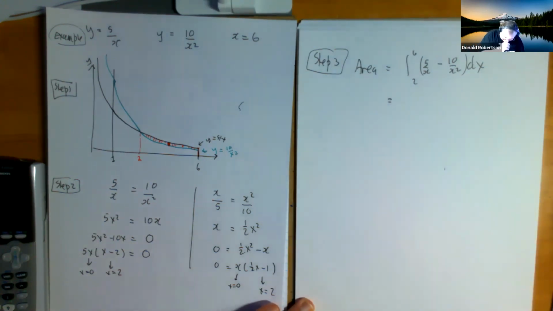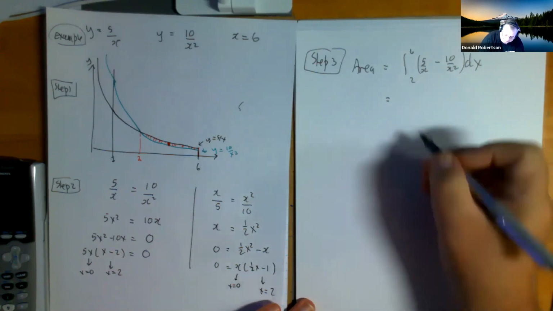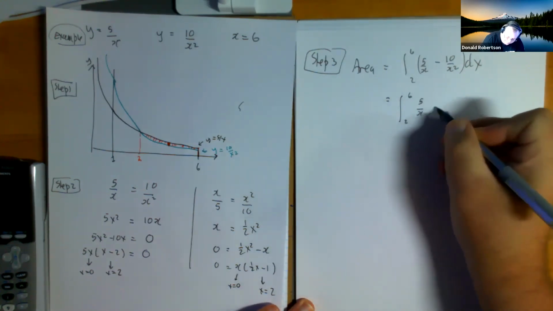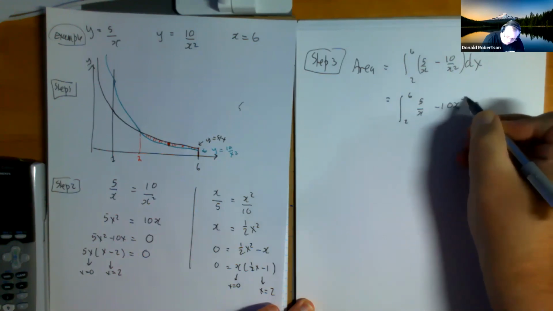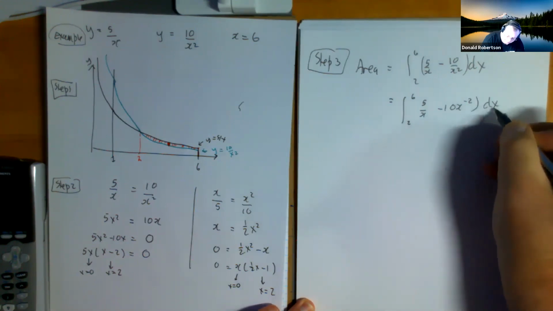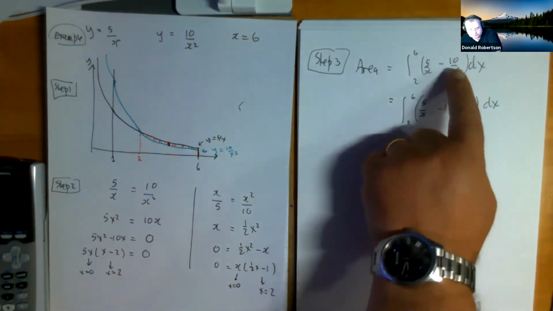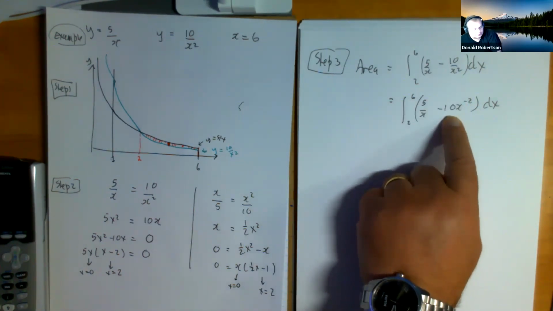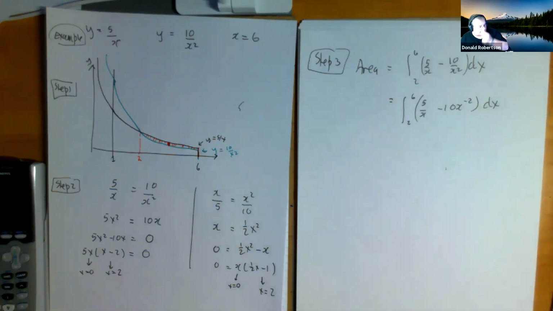Well, this is going to be fun. I'm turning 10 over x squared into 10x to the negative 2, and the reason I'm doing that is so that I can do the power rule for integration.